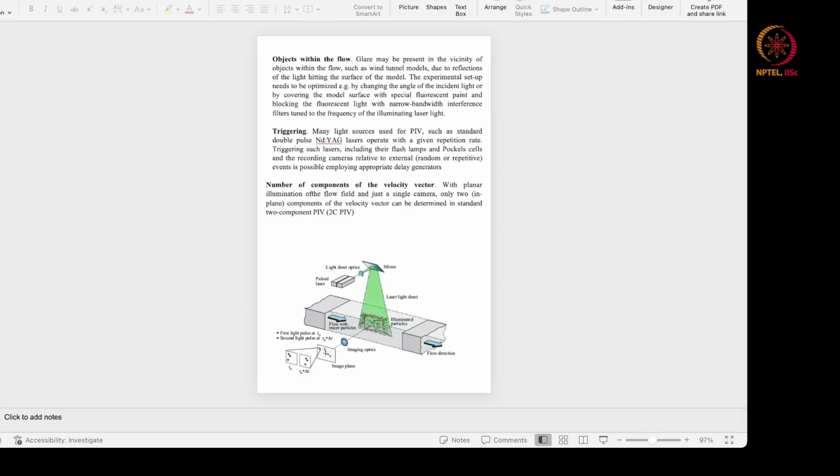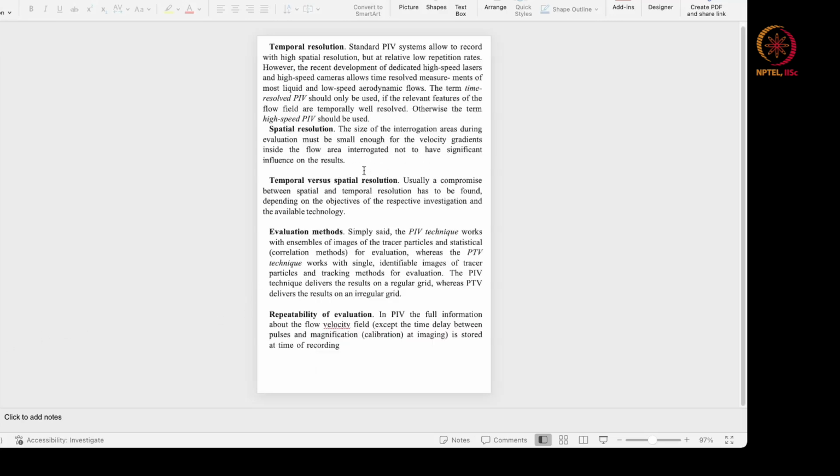All right. So the temporal resolution. The standard PIV systems allow you to record with high spatial resolution, but at relatively low repetition rates, right? However, if you now look at the high-speed lasers and high-speed cameras, which allow time-resolved measurements in most liquid and aerodynamic flows, time-resolved PIV should be used.